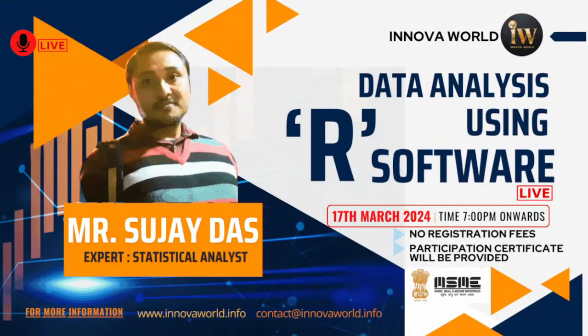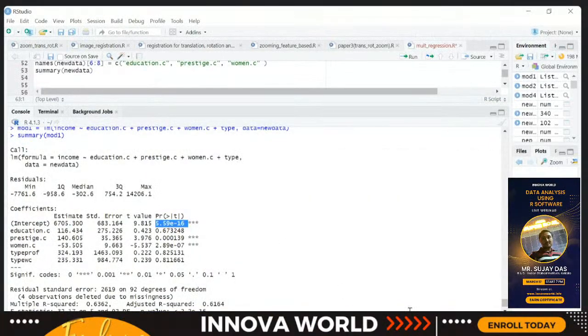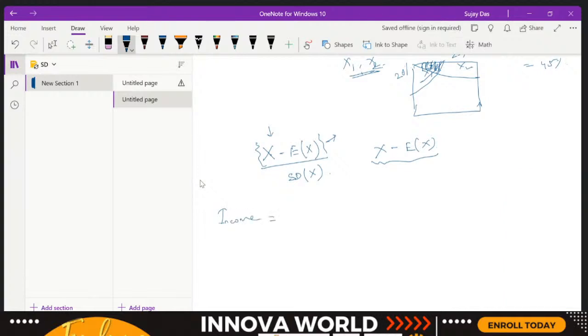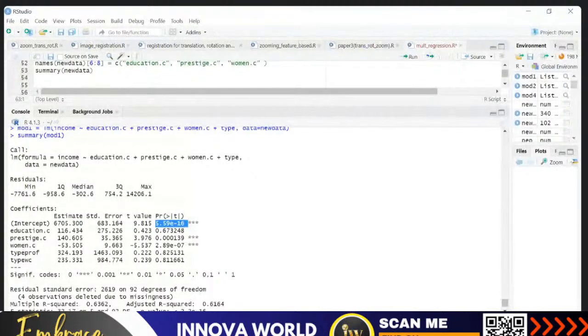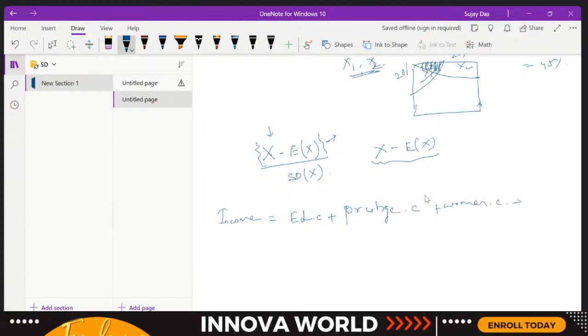Okay, so this model looks like this. We are explaining income with the help of these variables. Let me explain it once. Income is our response or y variable, and we are explaining it with the help of education.c plus prestige.c plus women.c plus type 1 plus type 2.